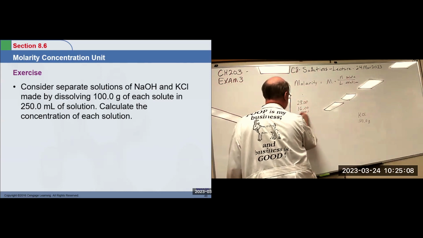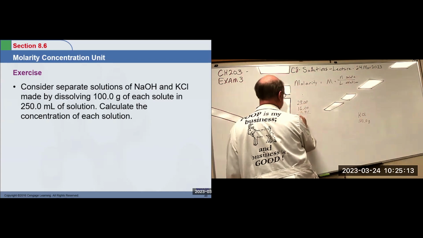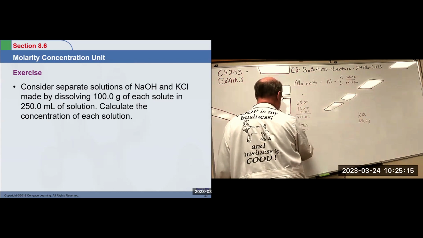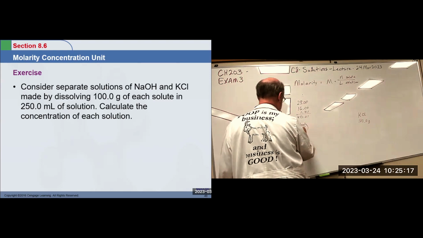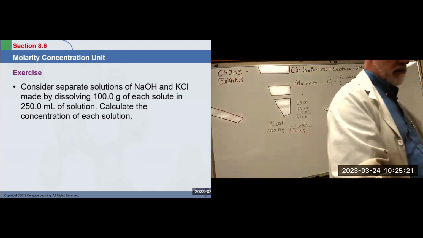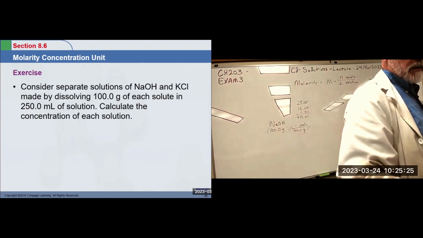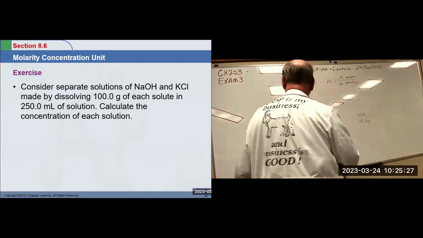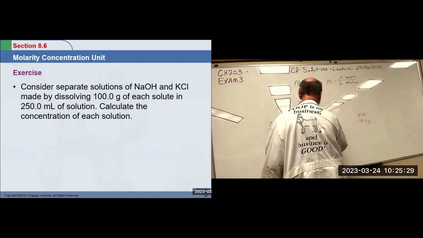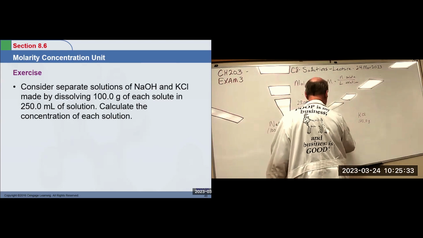Hydrogen is 1.01. So that's, let's see, 40.01. 40.01 into 100 is 2.4994 moles of sodium hydroxide.